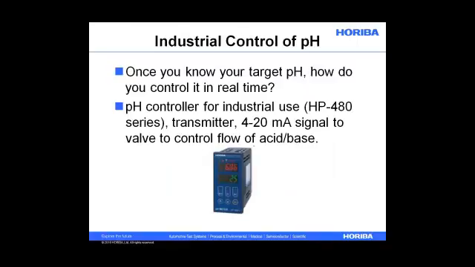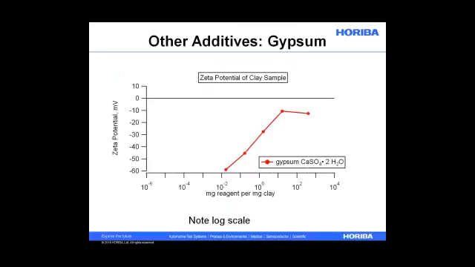If pH does work for you, and by the way, if you're using something like alum or ferric chloride, you're also going to worry about pH. You will want to start controlling that in real time. And we're HORIBA. We have friends in other groups in the company, and you can use things like our pH controllers to manage this process. So let's go back to the clay.